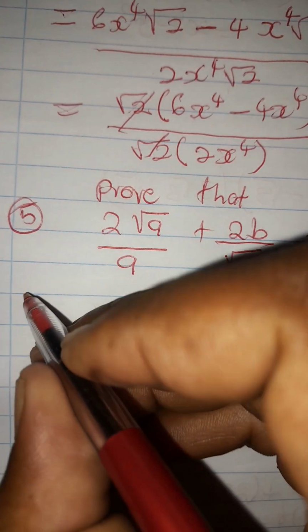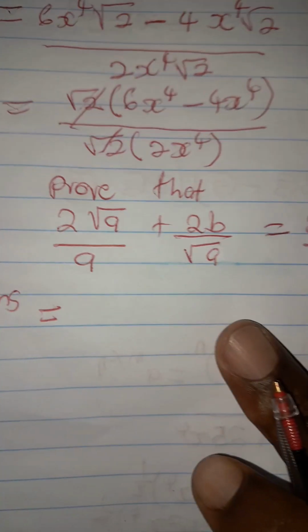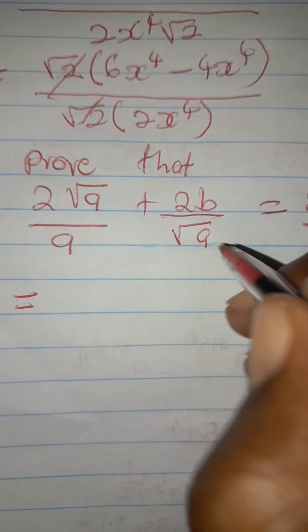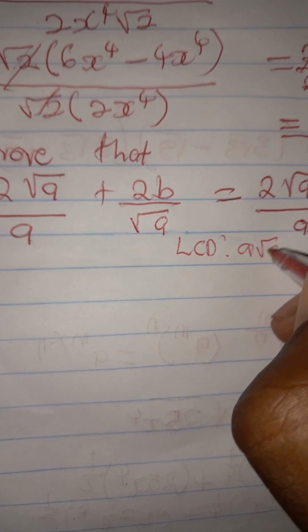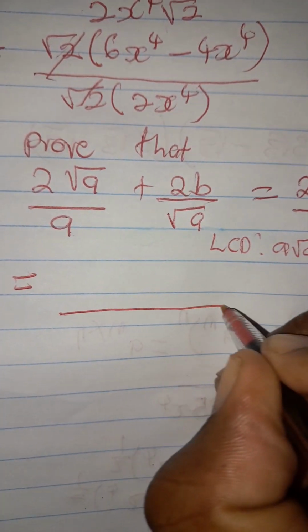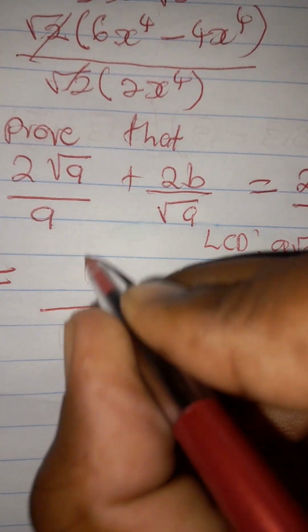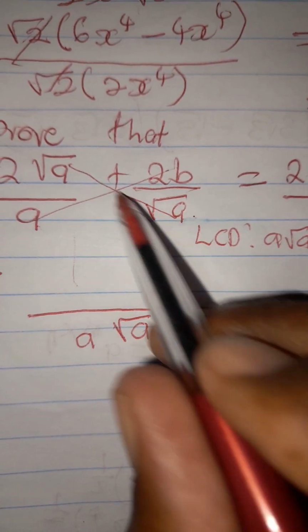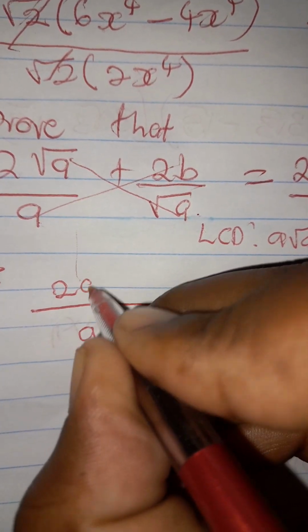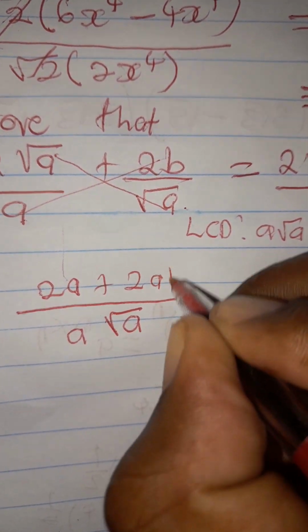All right, to work out the left hand side, we will have to look at the LCD. The LCD will be a times root a. So let's put the LCD in the denominator. So we're having a root a. Then we can cross multiply. So 2 root a times root a is the same as 2a. So we are having 2a, and a multiplied by 2b is the same as having 2ab.